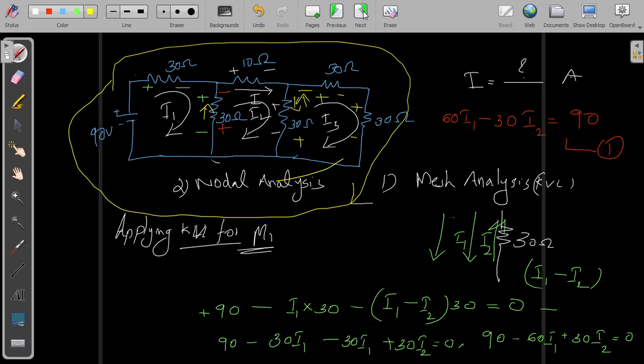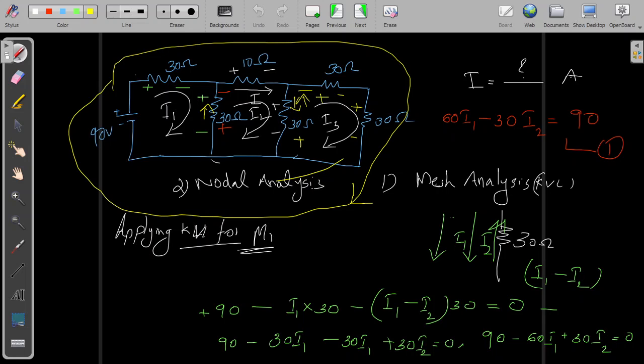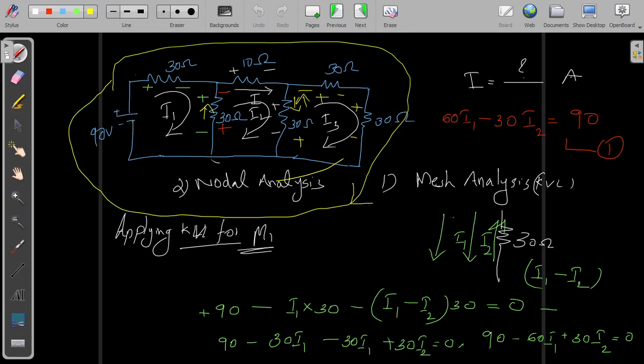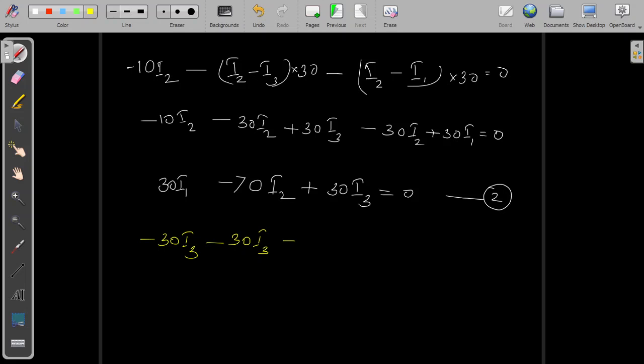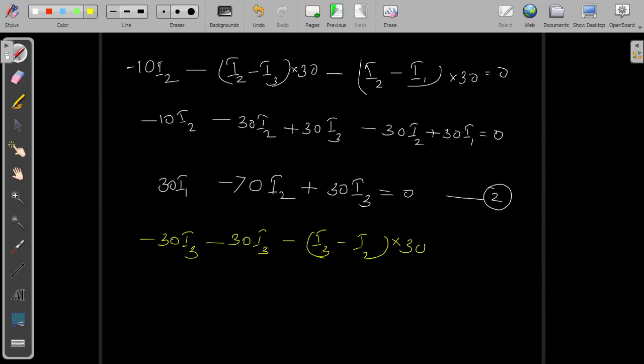Then I will get minus 30 I3, minus 30 I3, minus 30 I3, then again minus I3 minus I2 into 30, and that mesh is completed, so equal to 0.